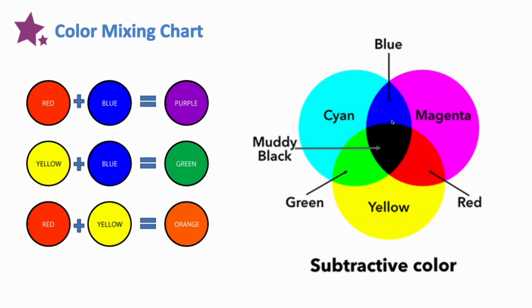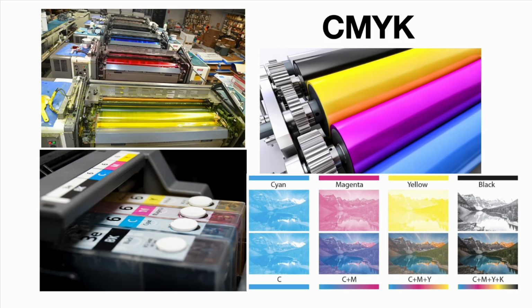So this is really a lot easier for us to understand, at least for me, how this works. And this is how printing presses work. So if we went to a big printing press that prints magazines, or even some smaller printers at home, you might have these little CMYK colors for your printer at home.